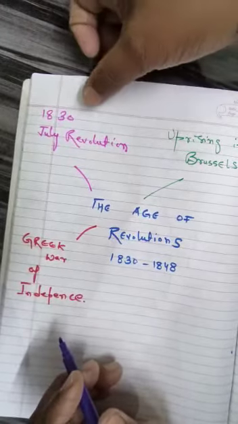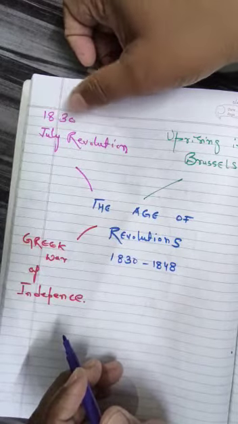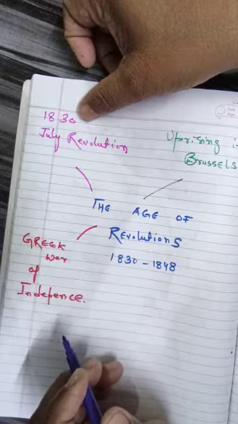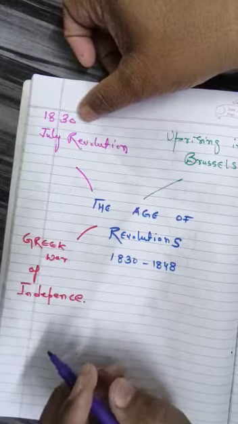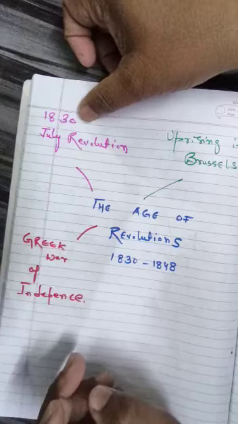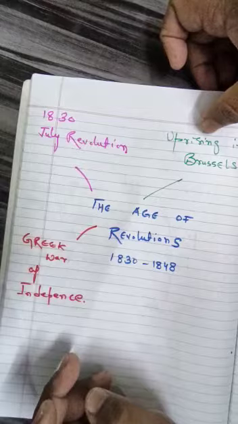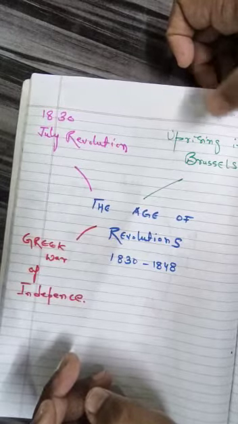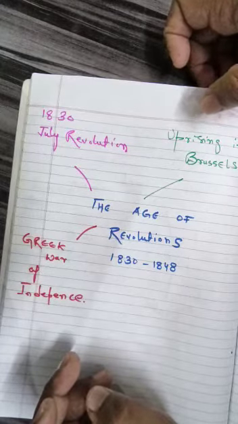We've gone through three. First, the July Revolution. It was in France in 1830, where constitutional monarchy was set up along with Louis Philippe as head, dethroning the Bourbon dynasty. Its impact was seen in Brussels, where there was an uprising, because of which Belgium separated itself from the United Kingdom of Netherlands.